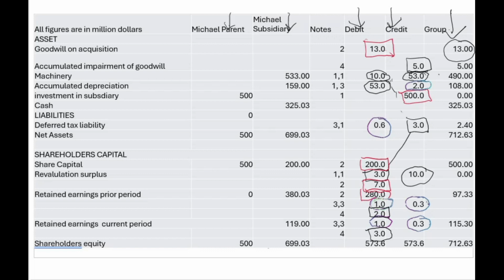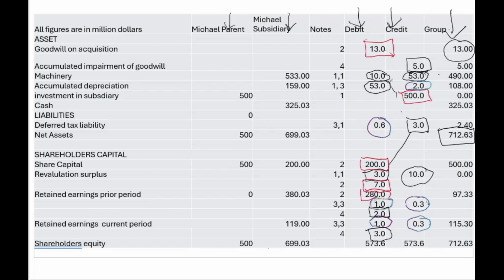And there's cash surplus because the subsidiary was making profits. And then there's deferred tax liability, but the deferred tax liability from its original value has decreased. So as a result, our net assets is now 712.63.